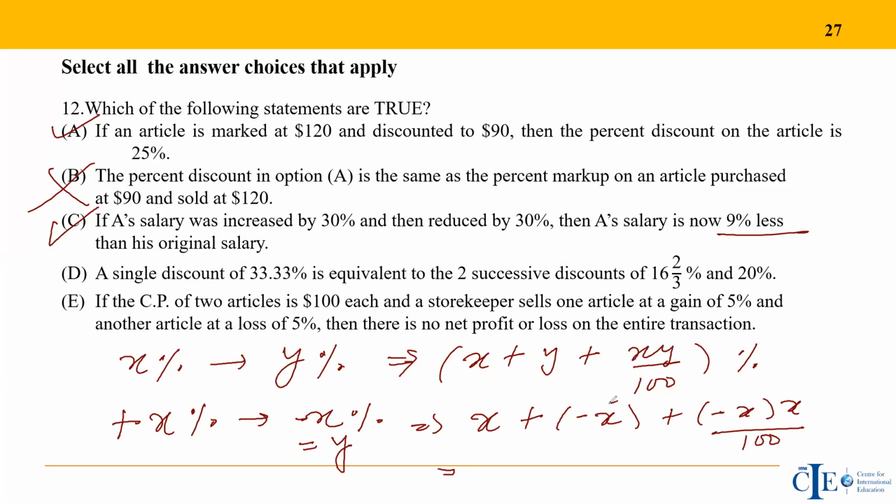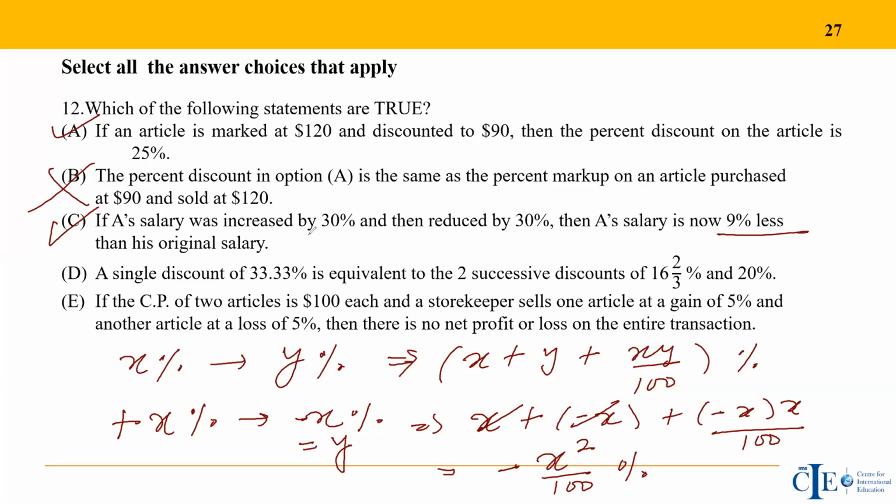Now this term will get cancelled and you'll be left with minus of x square over 100%. So in this scenario, you will always have a loss. There will always be a reduction, come what may, whether you first increase and then decrease, or you first decrease and then increase. Effectively, there is always going to be a loss, and the loss is simply that x percent value, whatever is given, squared upon 100.